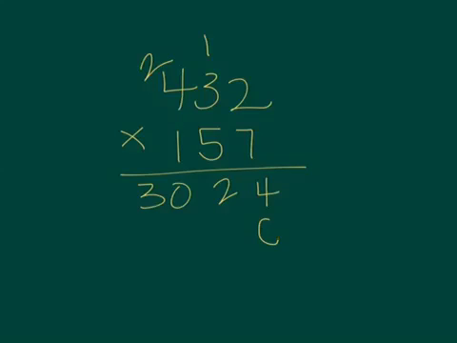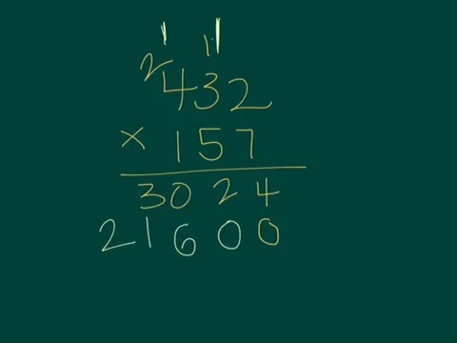I'm remembering that I need a placeholder because now I'm in my tens place. 5 times 2, 10, carry the 1. 5 times 3 is 15, and that extra 1 is 16, carry the 1. 5 times 4 is 20, plus that extra 1, 21.